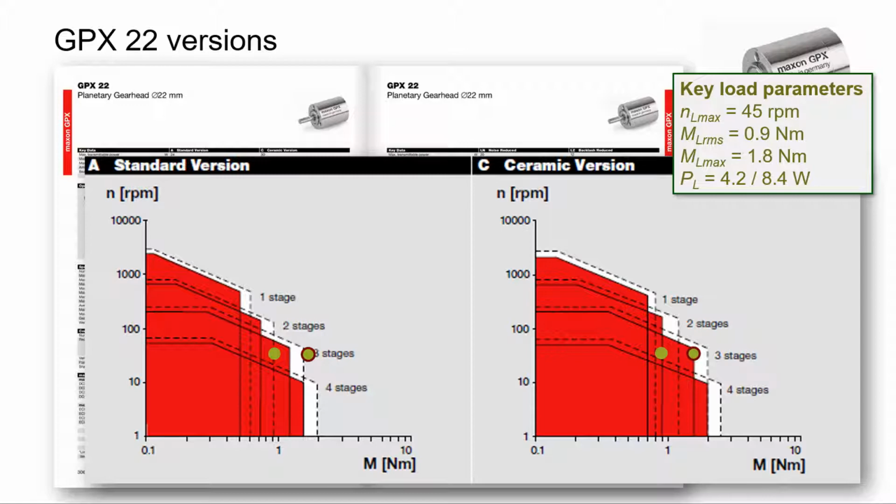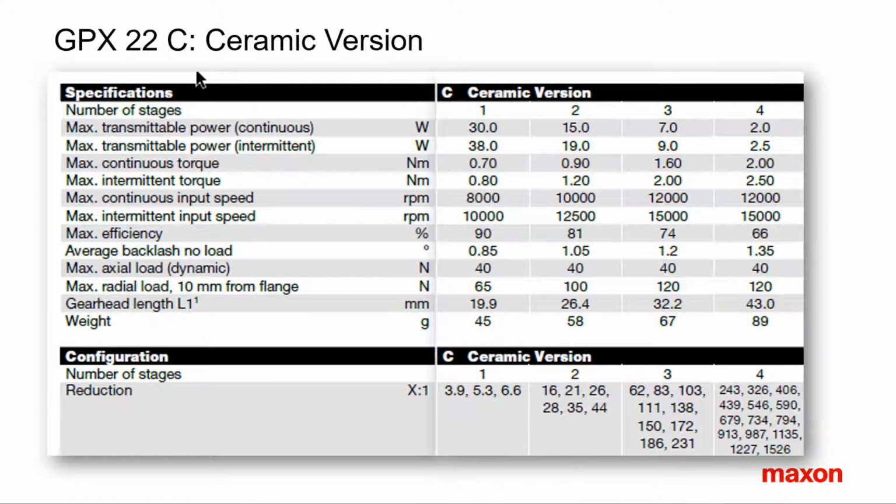The peak load is outside the operating range of the standard version A. The stronger ceramic versions with 3 stages, however, should be a possible solution. So, let us look more closely at the specification of the ceramic version. The torque requirements can be met by a 3- or 4-stage gearhead.